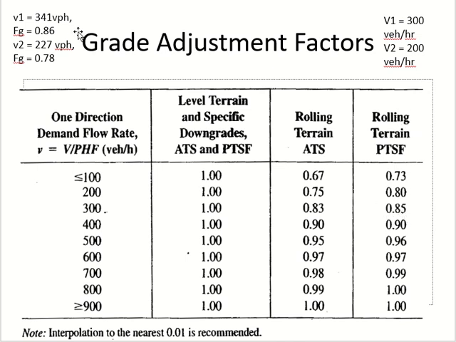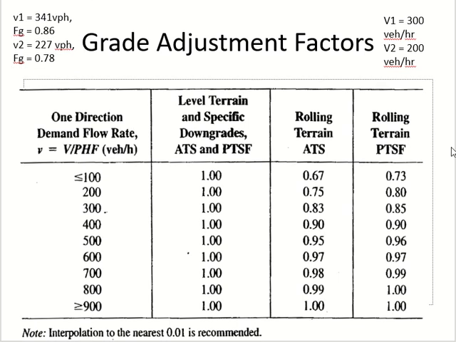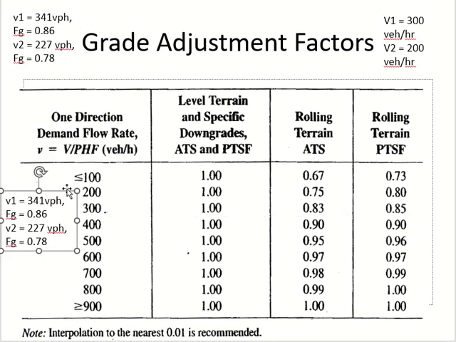Okay, so now give me the FG factors for the same values from the other column. From the last column now, for 341. How much?